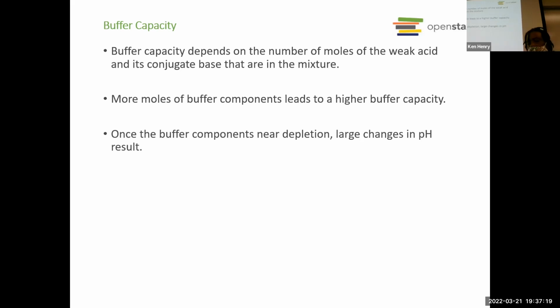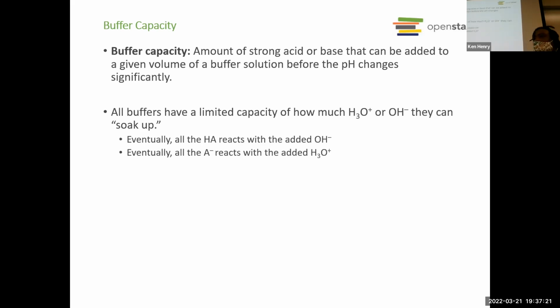So what I mean by buffering capacity is that, for instance, if we keep adding acid, eventually we'll get to the point where it will start affecting the pH, right? So then the pH is going to drop lower than what it is.